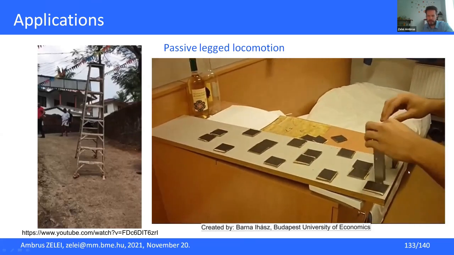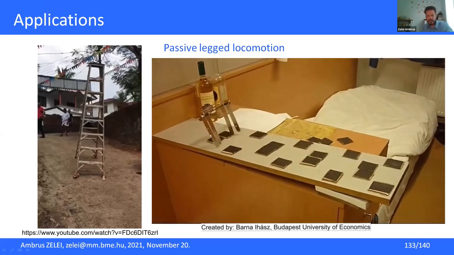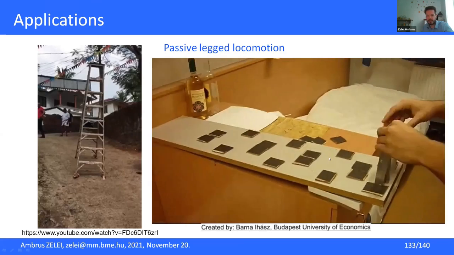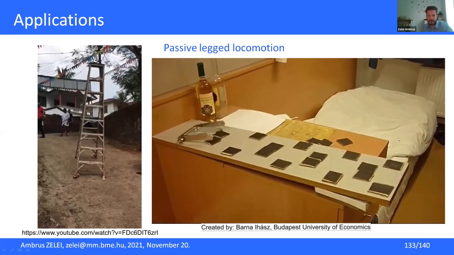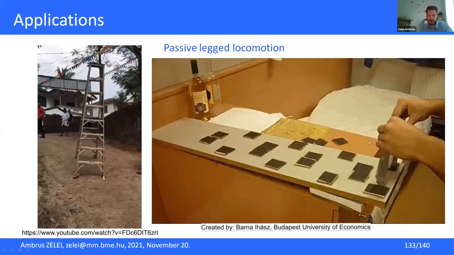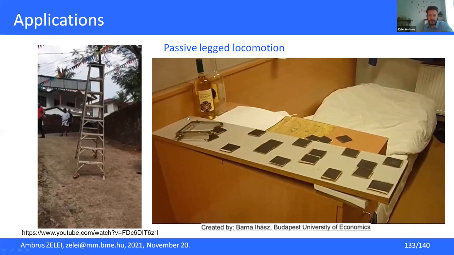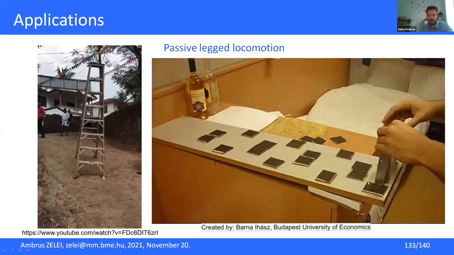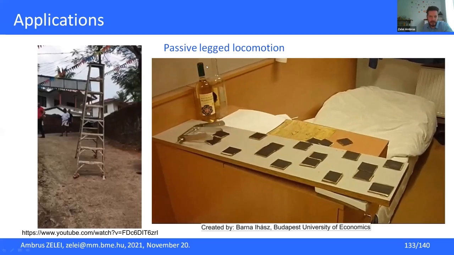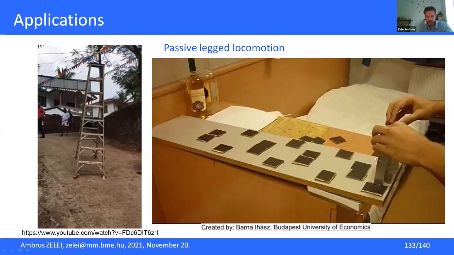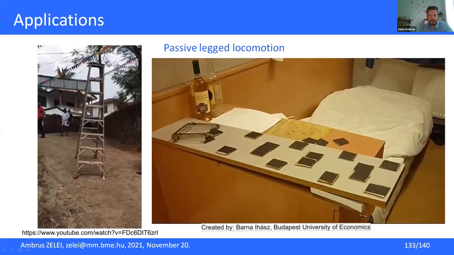So the slope is very important, and the other important thing is that it really matters how you start the motion, otherwise it cannot walk down. And it's also very important that there is no computer or measurement or actuator. It is just two pieces of metal joined by a screw. And it was very hard to find the initial conditions, so that's why they were already drinking one glass of wine, because it was a real problem to make this video.